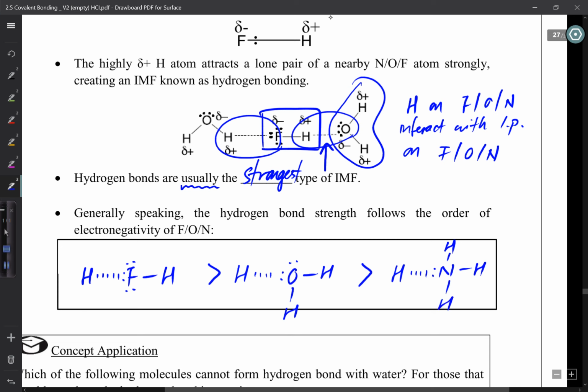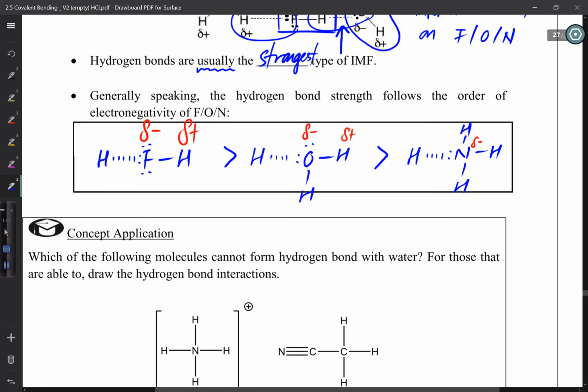In other words, the HF hydrogen bond is stronger than the HO hydrogen bond, which is stronger than the HN hydrogen bond. Why is that so? Pretty obvious, right? F, being the most electronegative, has the greatest delta minus and delta plus, whereas O is less electronegative and N is the least electronegative amongst the three. So it makes sense that the interaction will be stronger for HF, weaker for HO, and weaker still for HN. So with this in mind, let's try this question.